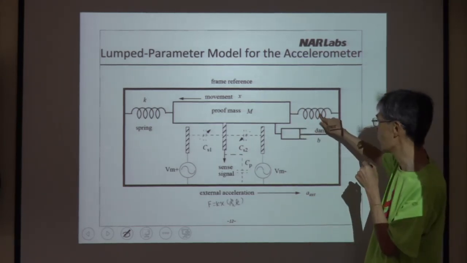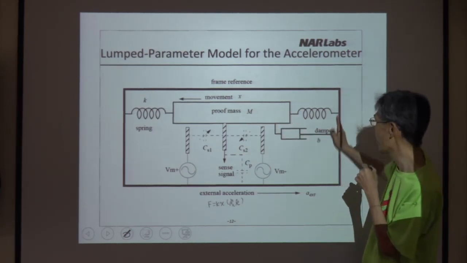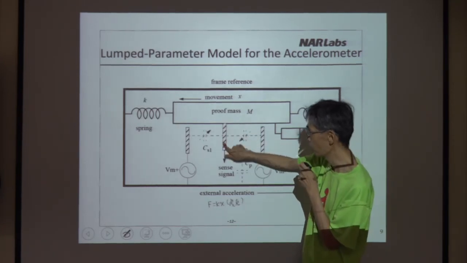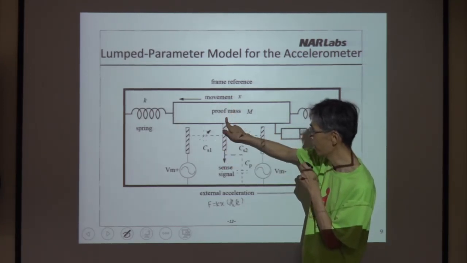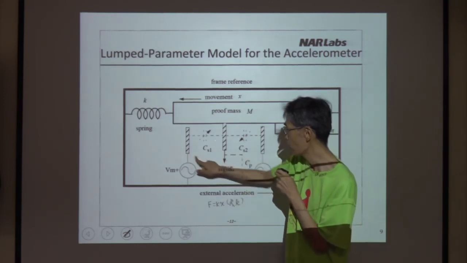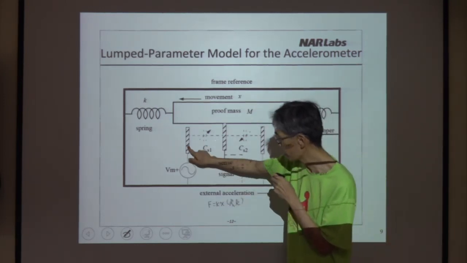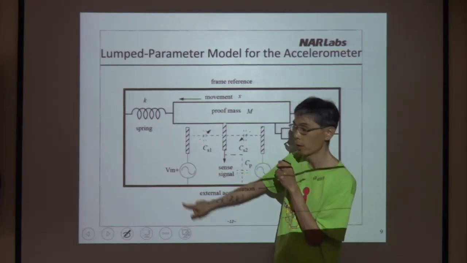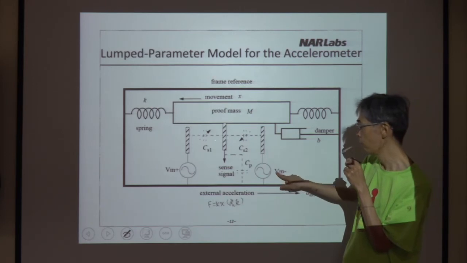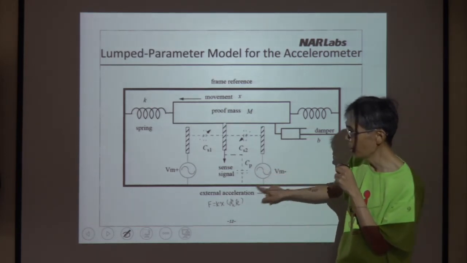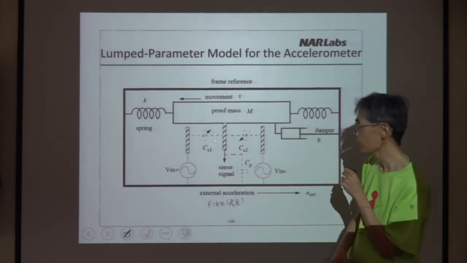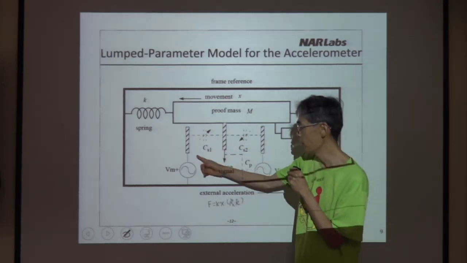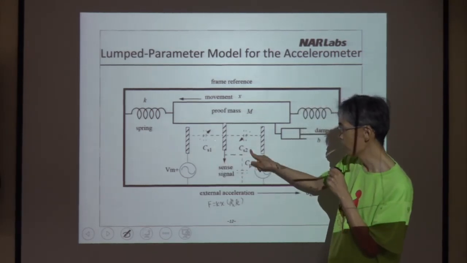You use a spring to connect this MEMS to the box, another spring here, and we have an electrode from the MEMS. We have two electrodes fixed to the box. We have modulation voltage Vm plus, modulation voltage Vm minus, AC. Then we have a capacitor CS1, capacitor CS2.